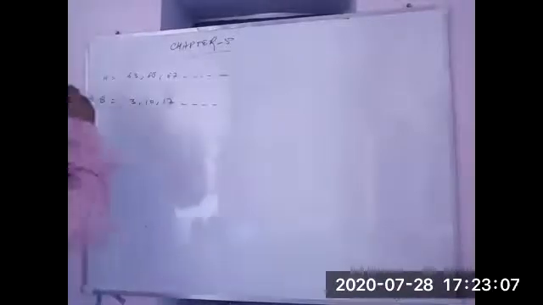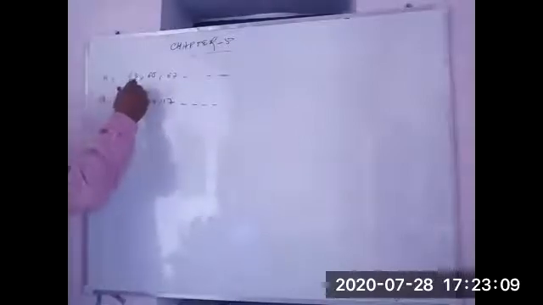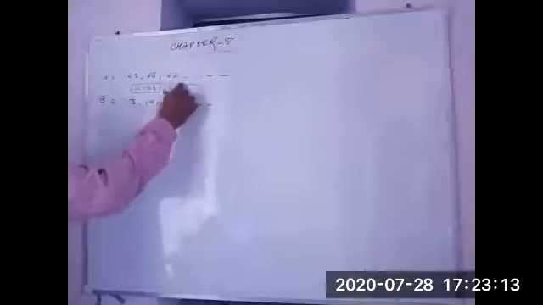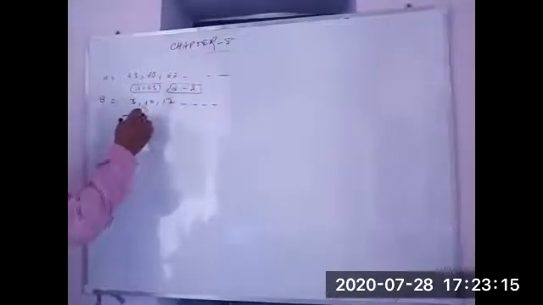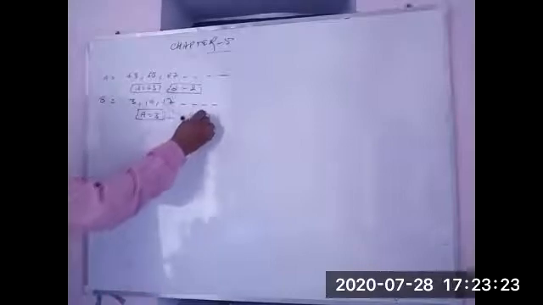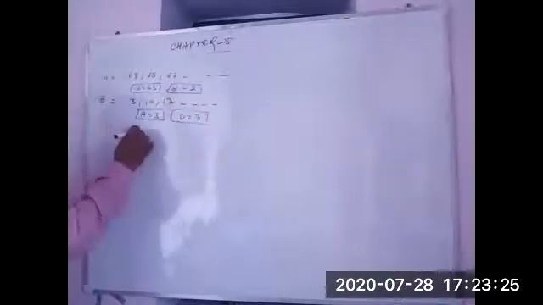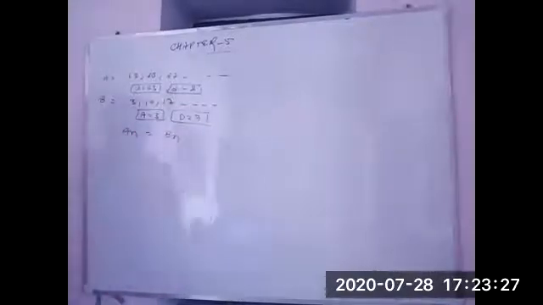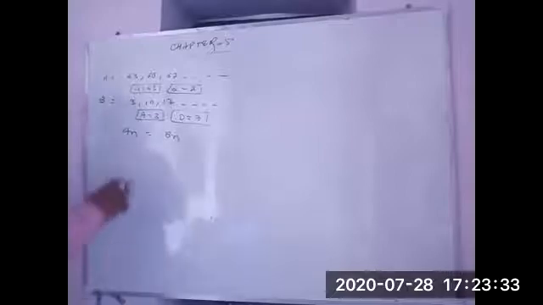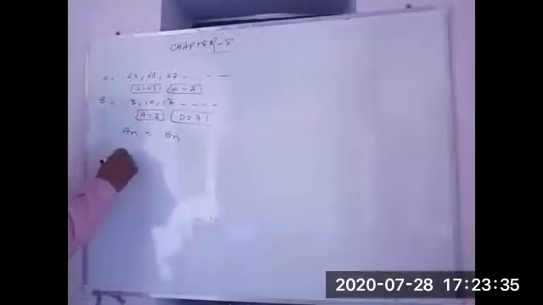Now, taking that the nth terms are equal, a equal to 63, d equal to 2, and for the other, take a capital A equal to 3, capital D equal to 7. Now a n will be equal to b n.